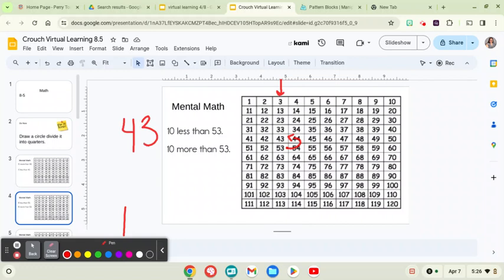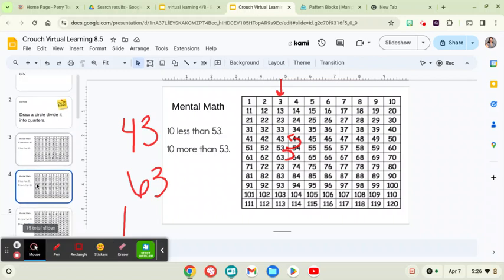Okay? If I am going 10 more than 53, then I am going to find 53 and go down 1. 10 more than 53 is 63. Okay, let's do one more practice and then we'll get started with our lesson.